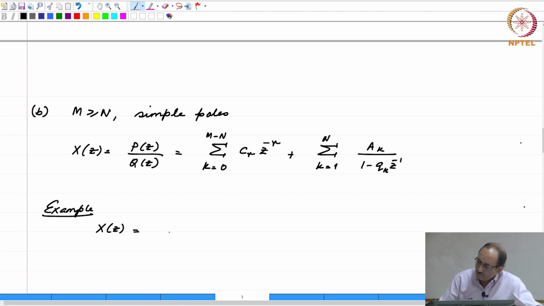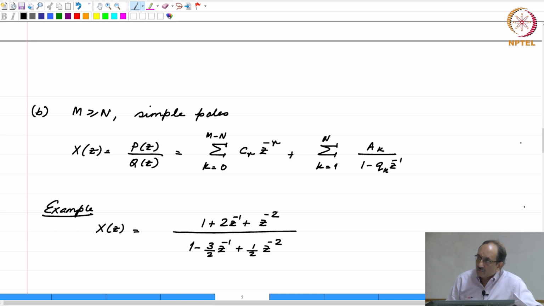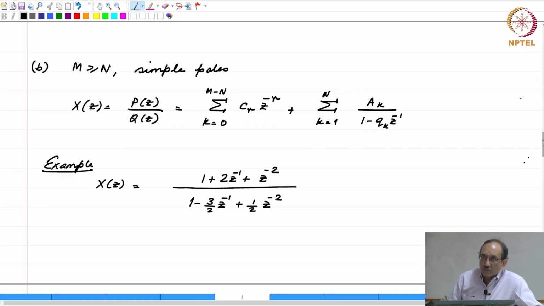As a simple example, if you had the same denominator as before, and instead now if you had this, you need to first divide and then apply the partial fraction expansion.